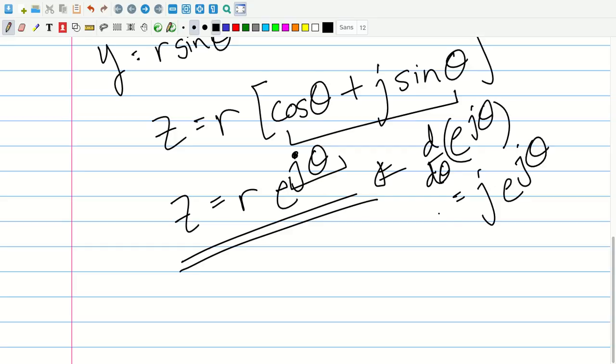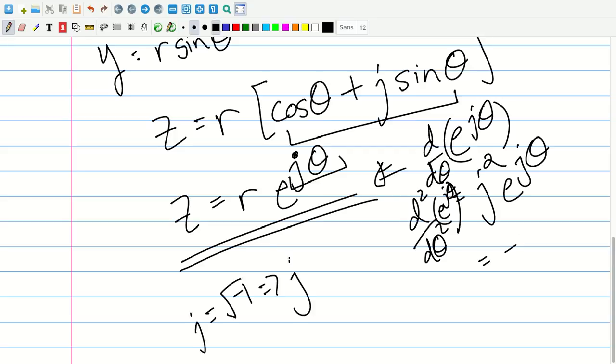If I do a second derivative, another j comes out, but now it's j squared. Since j is the square root of negative 1, j squared is negative 1, so I get negative e to the j theta. It's very useful, right? So using e to the j theta is extremely useful.